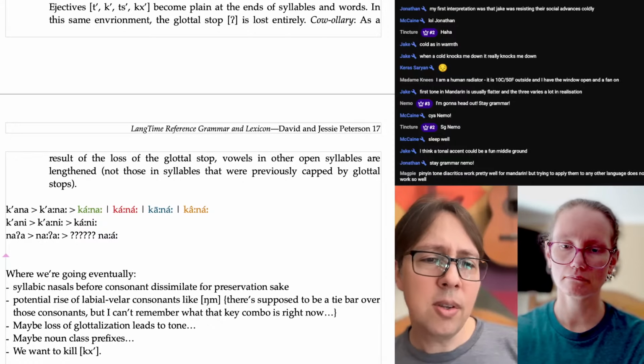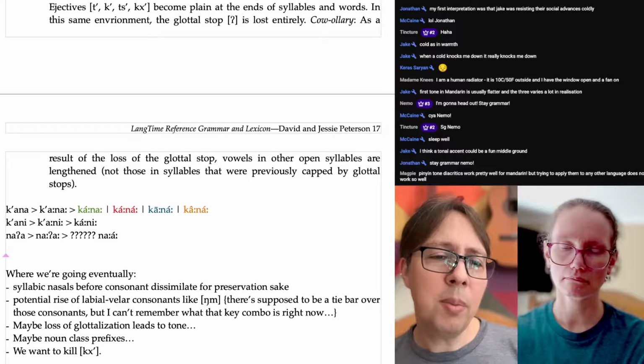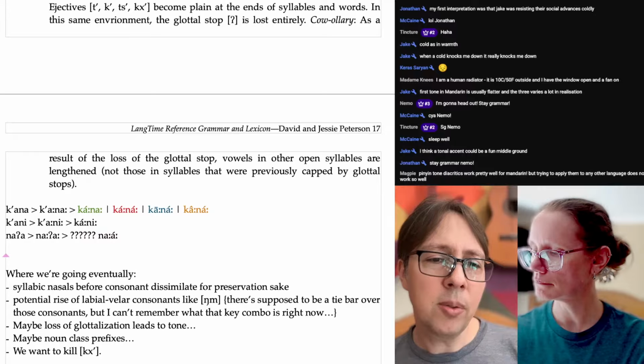Jake is suggesting a tonal accent, which is the type of thing where basically the pitch at the stress syllable can be different.